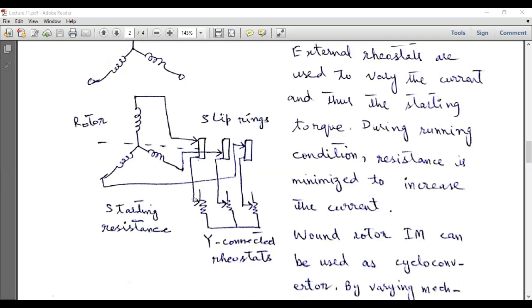Then we start increasing the gears from two to three, three to four. By increasing the gear number, we are actually reducing the starting torque, and we are actually increasing the running torque.